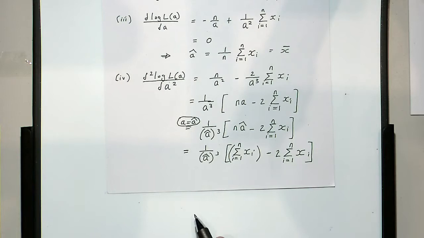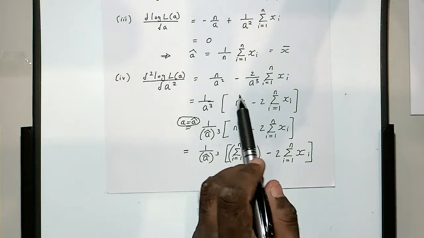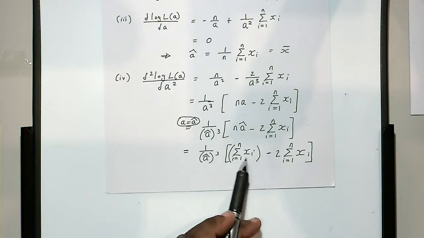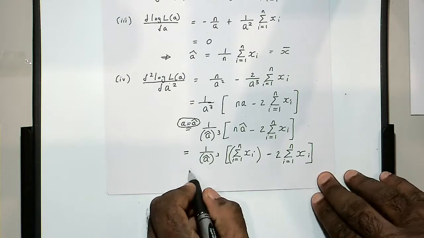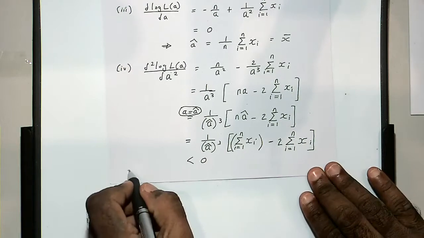You follow me? You see what I have done? I have replaced A hat by this expression here, so n A hat becomes this. Now what you have here is the sum of xi minus 2 times the same term. So hence, this must be negative.